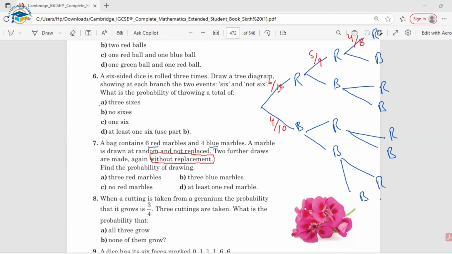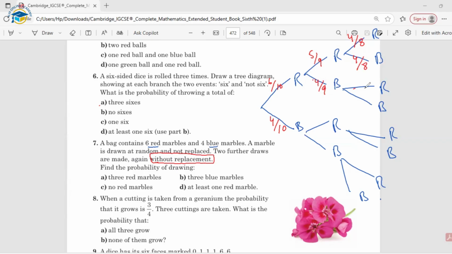Next, red has been taken, so blue has not been taken. So blue will remain similar, but the total will change. Again, red has been taken. So we need to move with this as well. Okay, blue is remaining. We haven't taken blue yet, so 4 will be blue out of total 8 here because 2 have already been drawn.